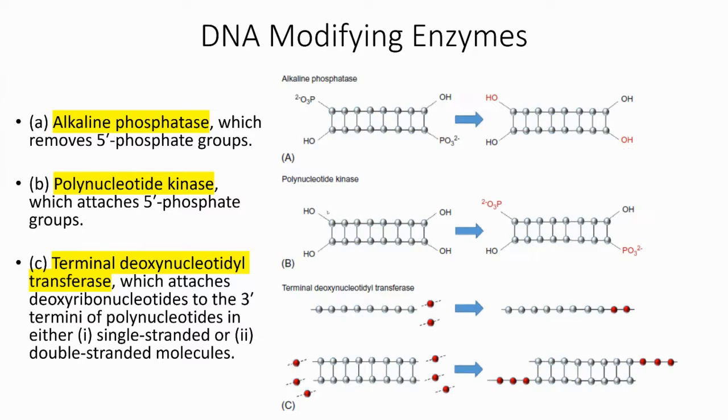And then polynucleotide kinase will attach the 5' phosphate group. For example, after you remove this 5' phosphate with the alkaline phosphatase, in the presence of polynucleotide kinase, this hydroxyl group is replaced by a phosphate group. So you put it back here.